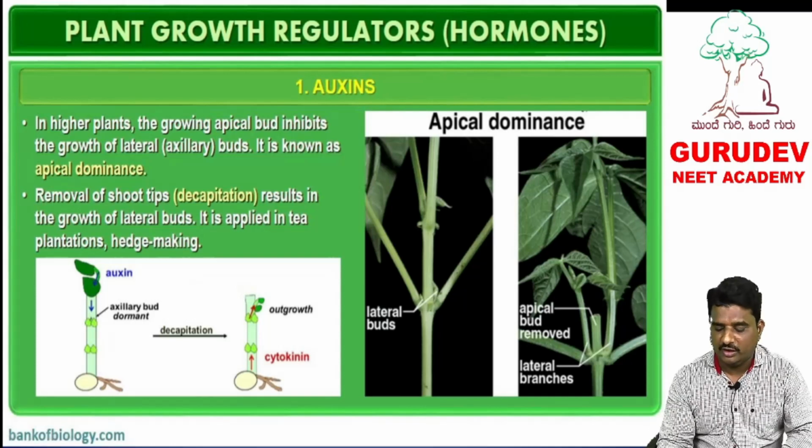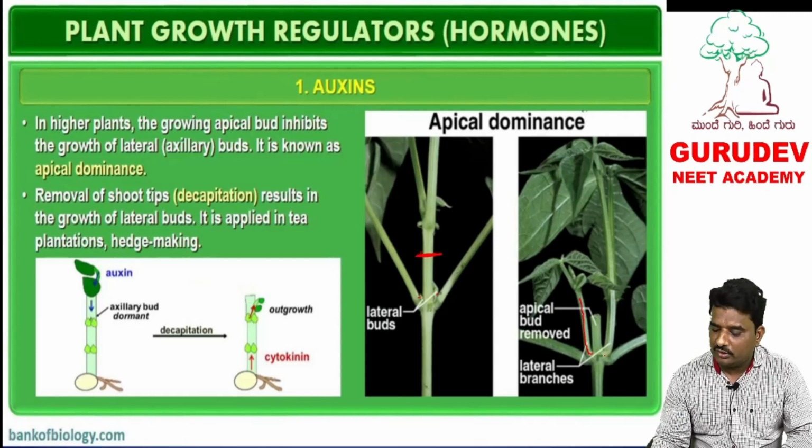See, observe here. These are the lateral buds. Here we have cut this apical tip. After cutting the tip, the axillary buds form new shoots here. So the apical bud is removed, and after its removal, the axillary bud produces lateral branches.